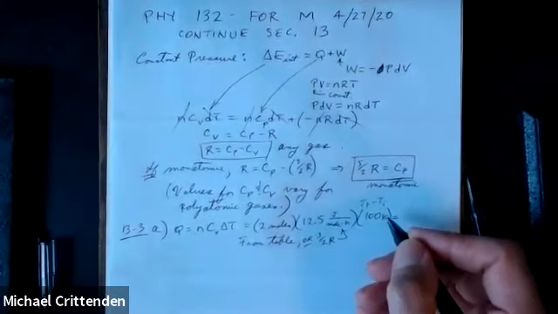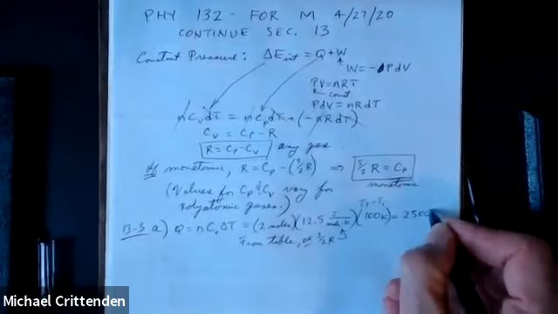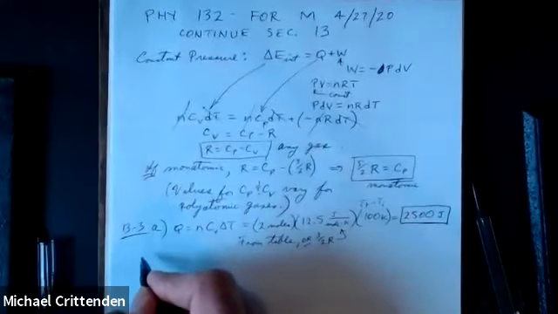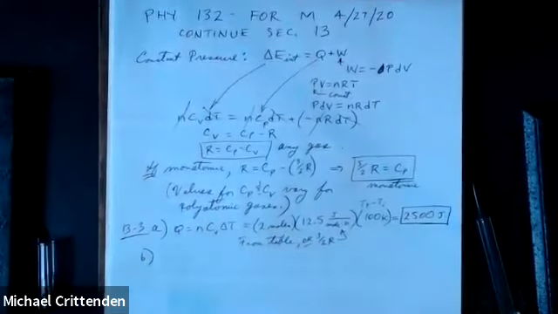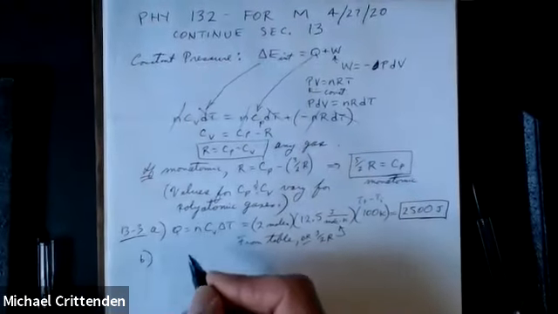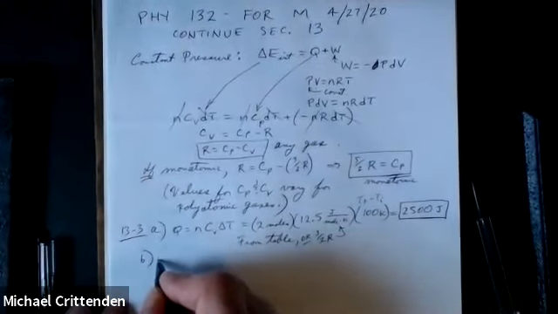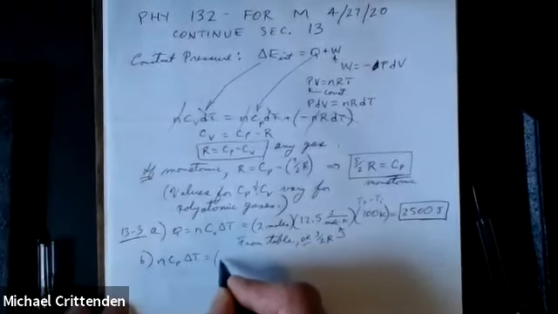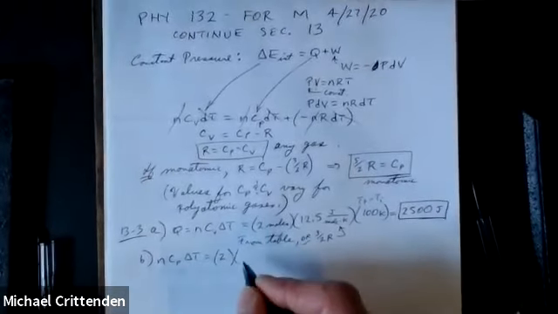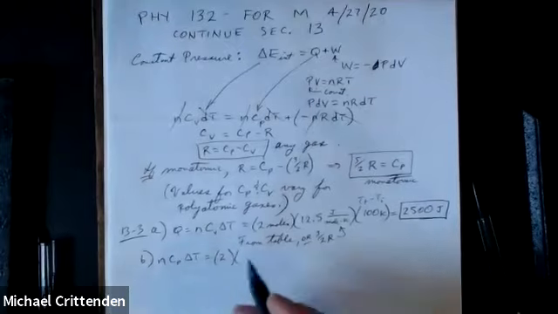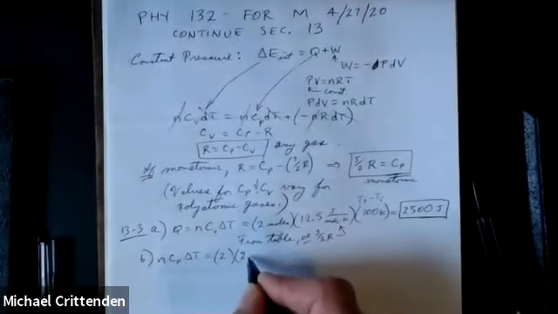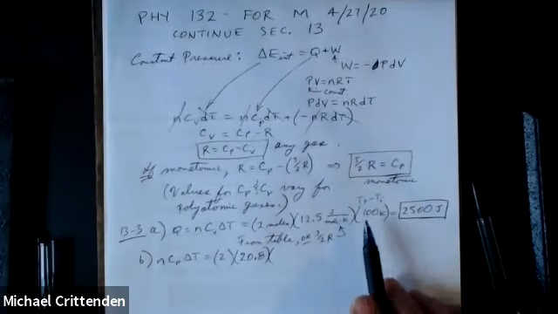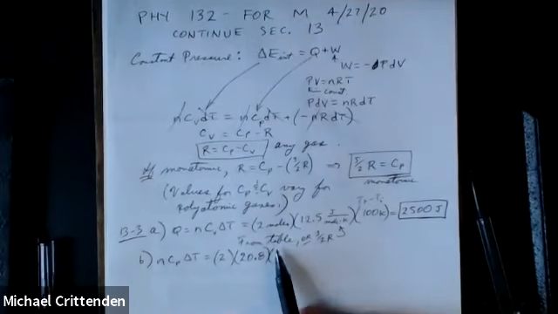Multiply it out, 2,500 joules. Part B. This time it's the same thing, except it's a constant pressure. So N CP times delta T. Again, 2 moles for N. This time CP is 20.8, which again, you can either use the 5/2 R, or you go to the table and you look up helium.